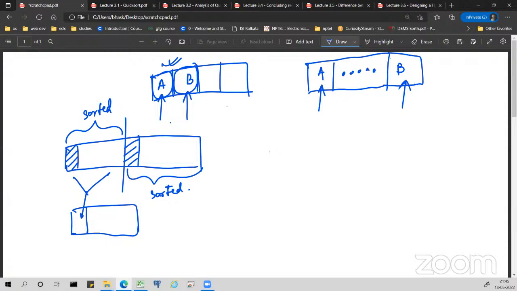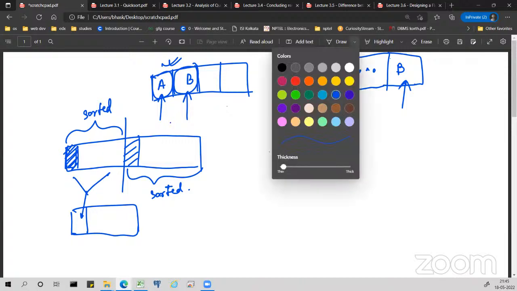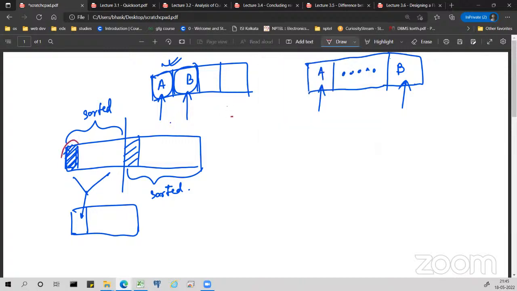Now see, this value in the array is located over here, right? It is located over here. But this value with which you are comparing this one is located over here. There is a memory gap between these two. These are not contiguous. Correct.